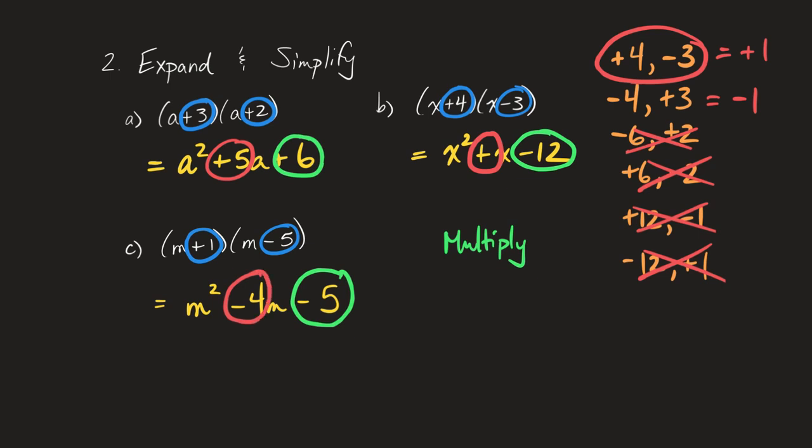And maybe we can notice that this coefficient on my middle term, that single variable term, seems to come from a sum, adding the two constants inside the brackets. I think us just spending a little bit of time on those three examples is going to help us to see how we can factor our simple trinomials.